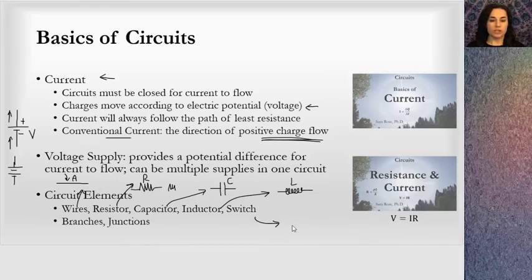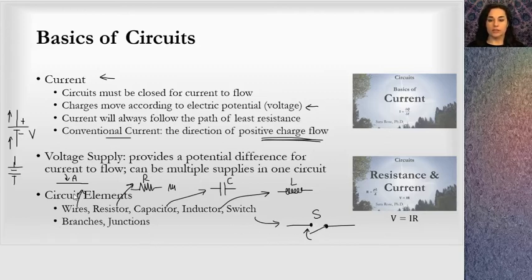Finally, a switch is a place in a wire where you can create a break. Okay, and so you can close that break, and they often have dots on both sides, and it may be called an S, or if you have multiple ones, they'll call it S1 and S2 maybe, or switch A and switch B, but typically S is used for a switch just so you recognize that it's a switch.